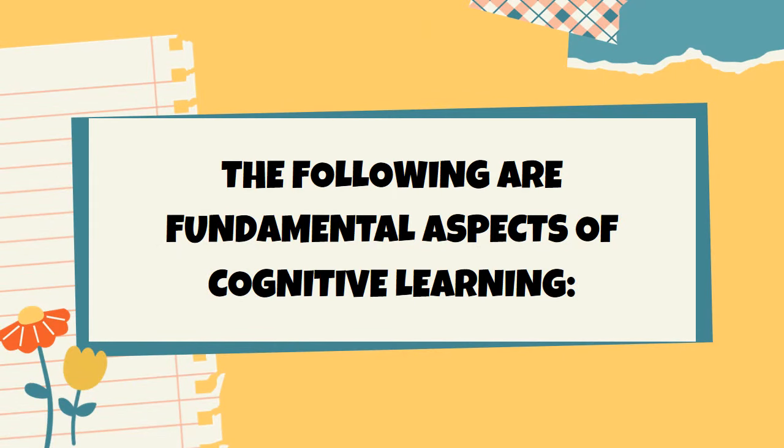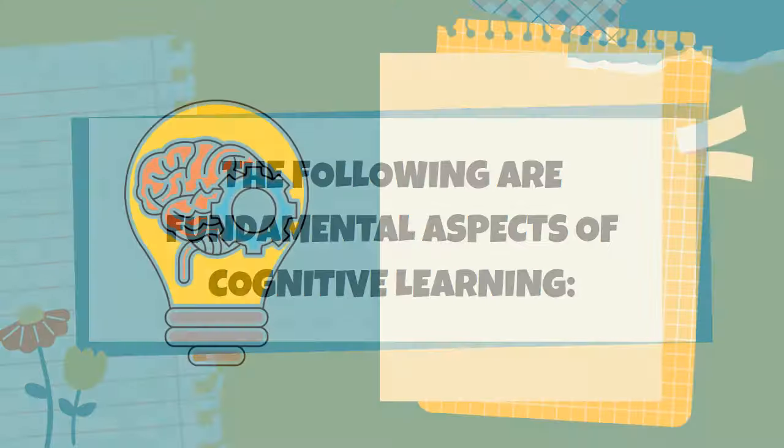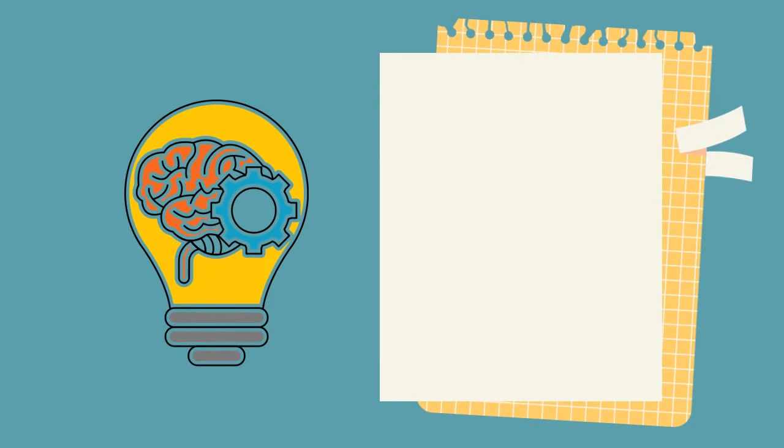The following are fundamental aspects of cognitive learning. First, we have comprehension. For cognitive learning to be efficient and benefit you, understand the reason why you are learning a specific subject in the first place.